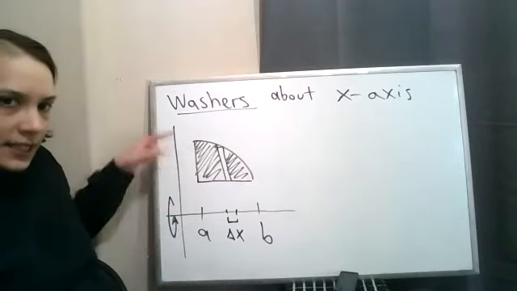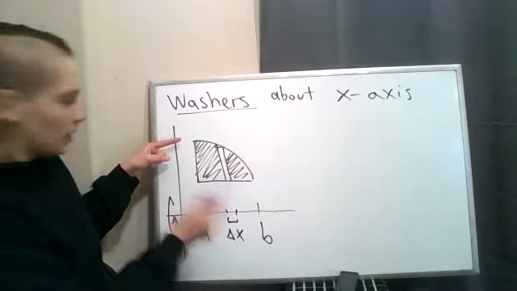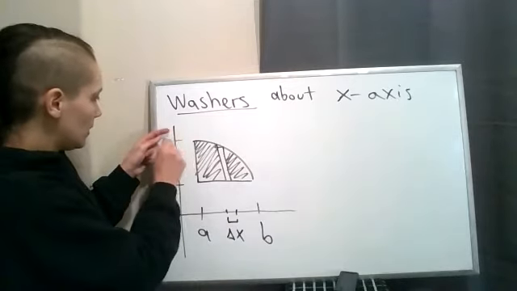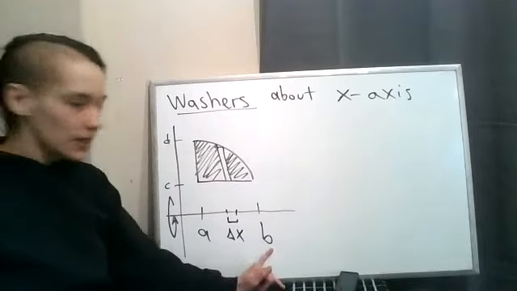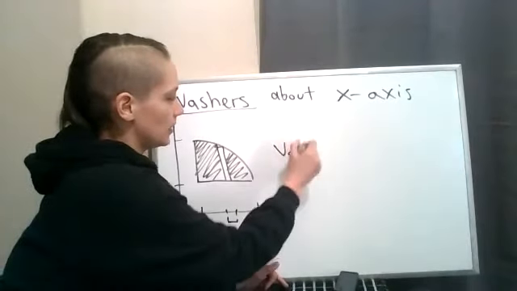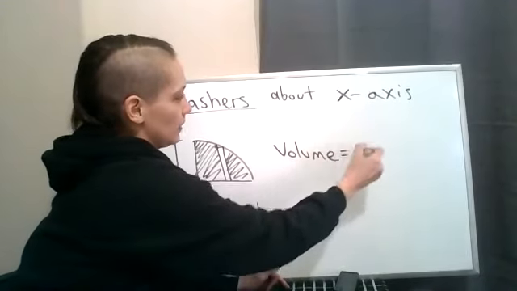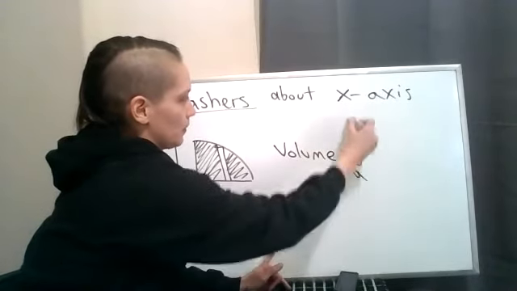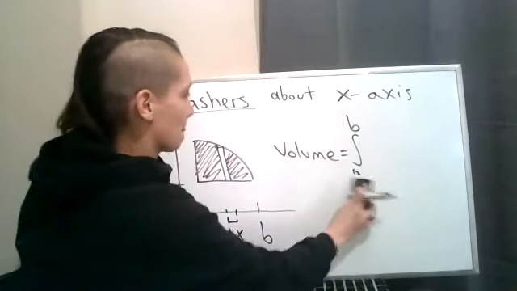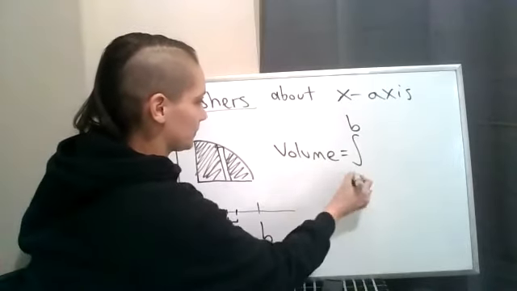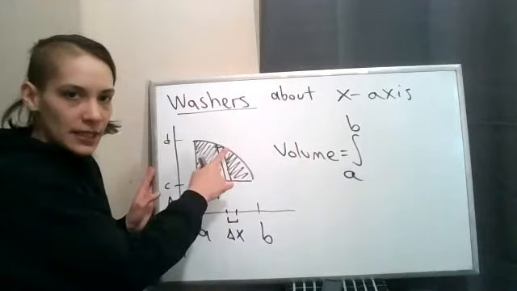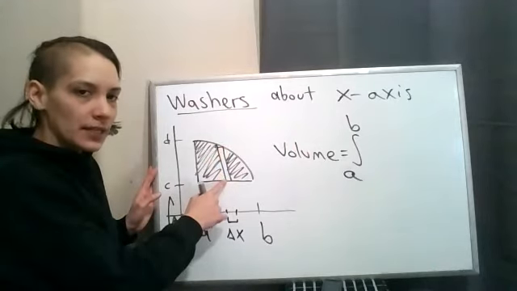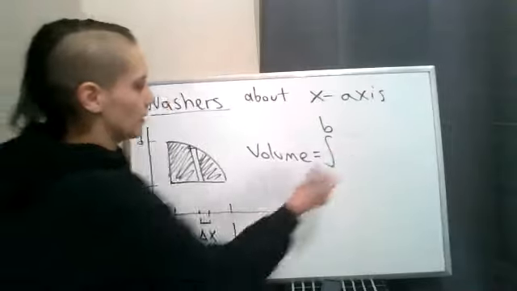We'll call this C and D, but the integral goes from A to B. So integrate from A to B to get the volume. Okay, pi times the outer radius, and then subtract the inner radius squared.